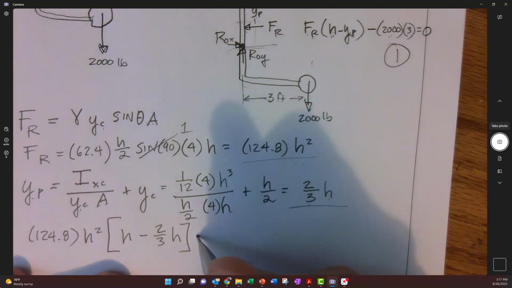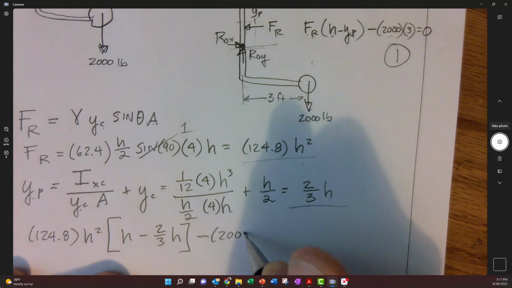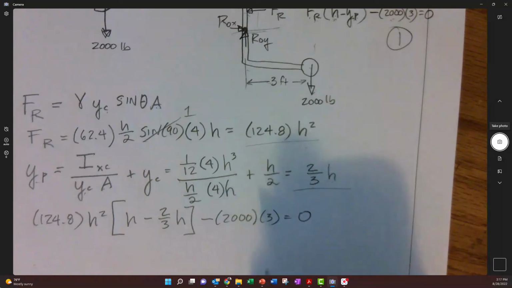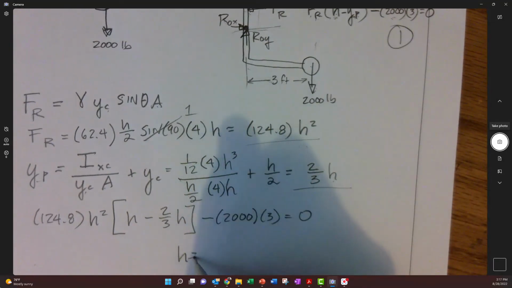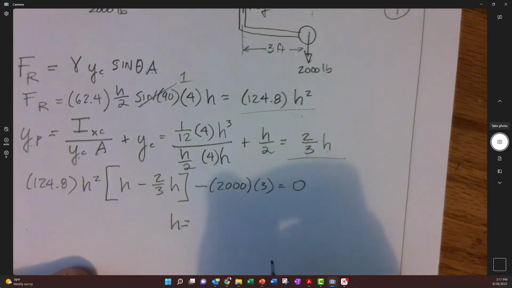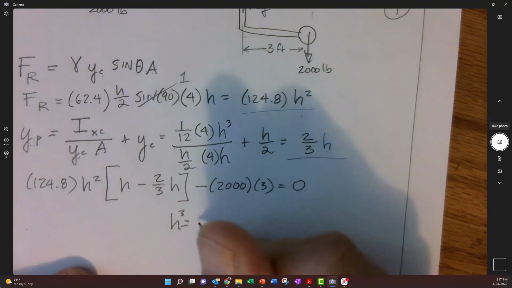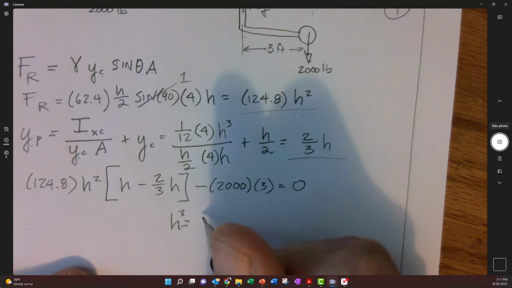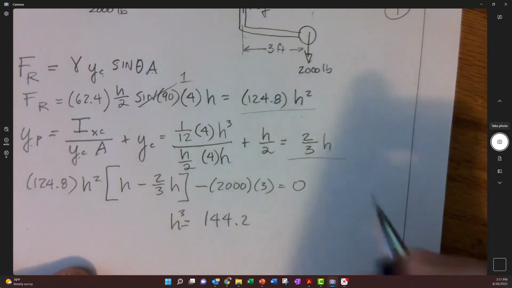And then we need to subtract out that 2,000 times 3 and set it equal to 0, right? And we do all of that, we're going to find that we have a depth. Well, actually, let's do it in stages here. This is going to be H cubed that we're going to find, and H cubed equals 144.2.